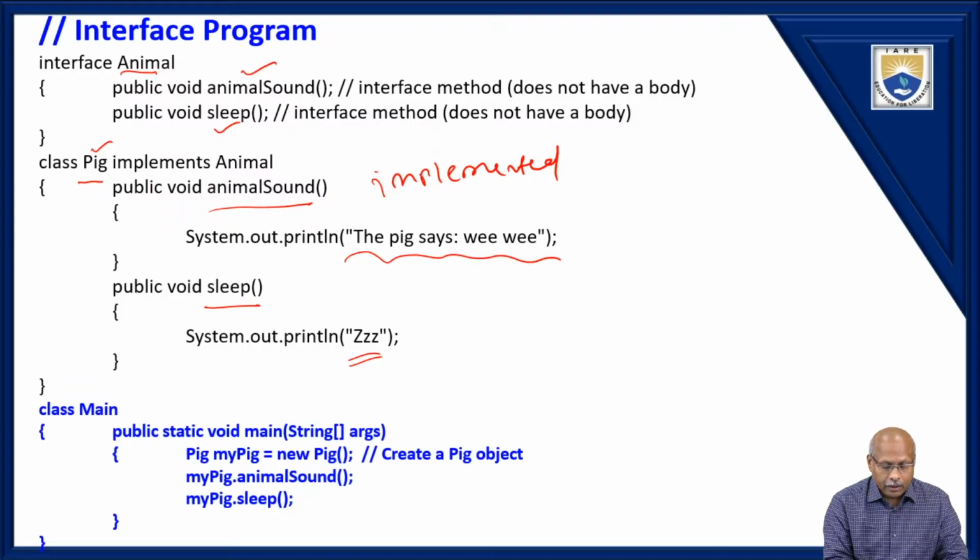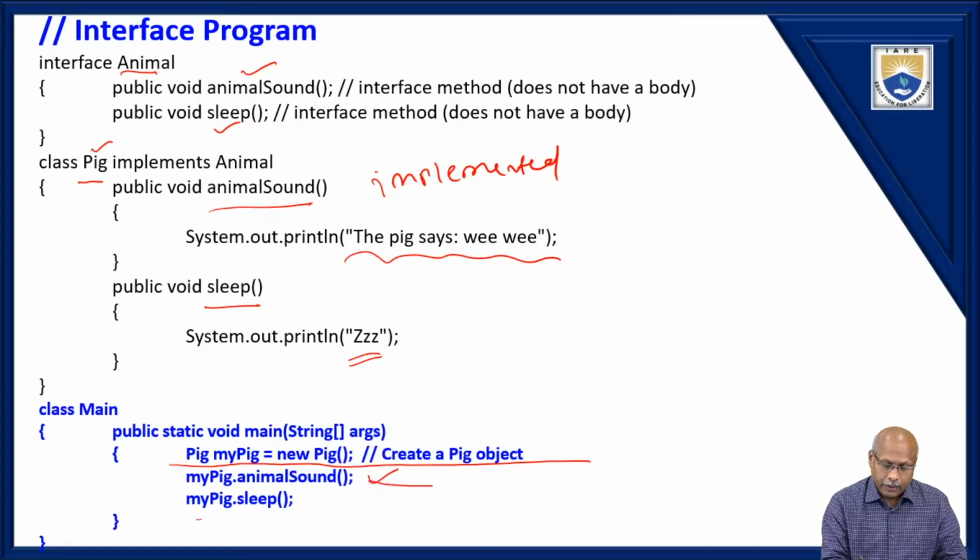Now here you are creating one object of the Pig class. Then you are calling pig.animalSound. When you call animalSound, this statement will be executed. Similarly, pig.sleep, then zzz will be printed.